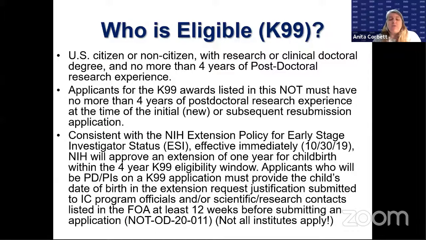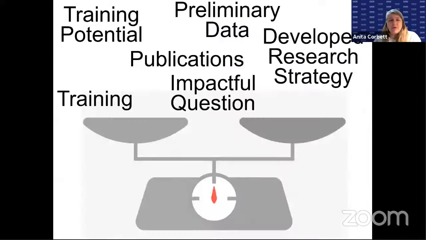So if you have had a child during the time that you're a postdoc, you might be able to extend this limit on your time of being eligible for the K99. The K22 does not have this type of limitation. So it's potentially one of the advantages of the K22 mechanism if your work fits into one of the institutes that's actually supported by the K22 mechanism.